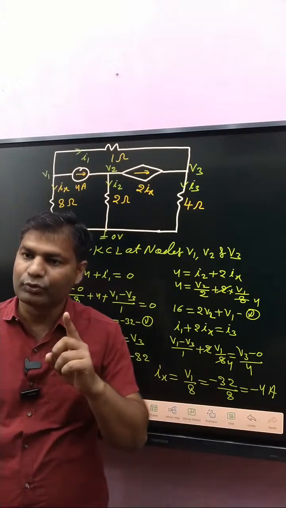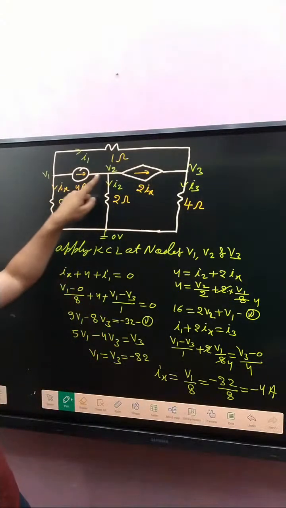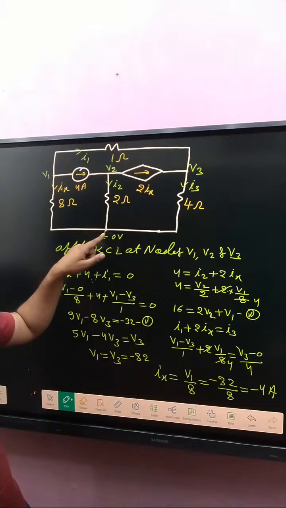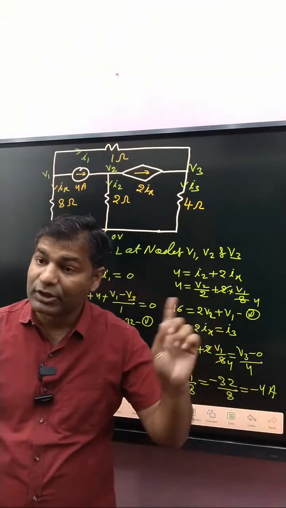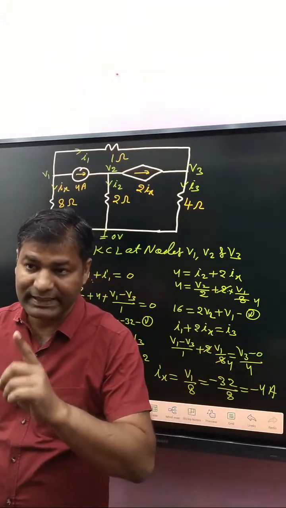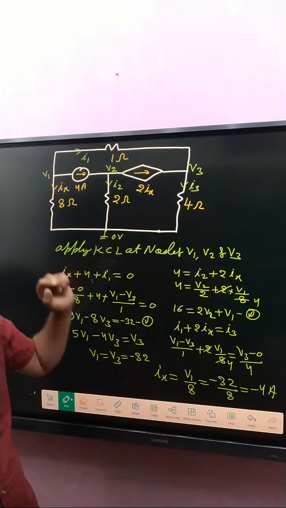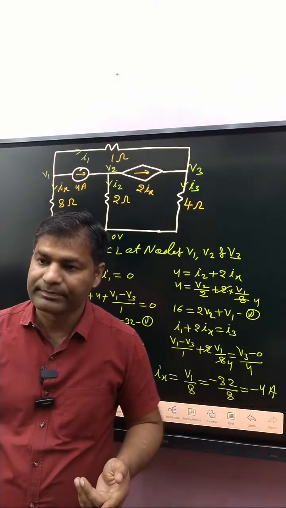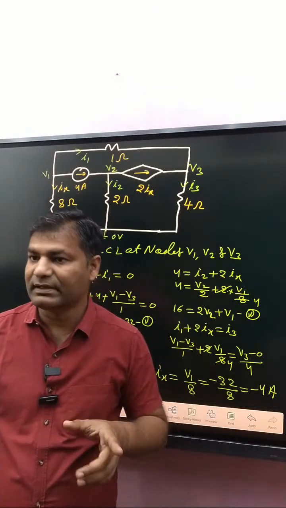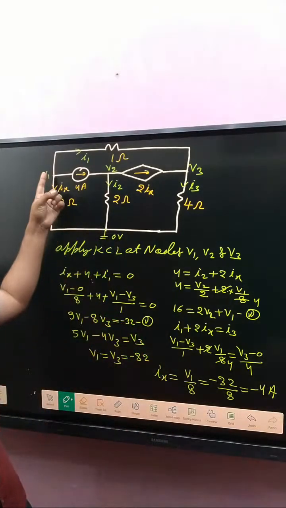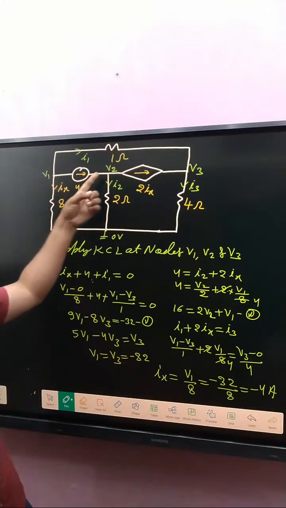Next step, node voltages V1, V2, V3 and V4. Next step, take one node as a datum node. We have considered that one as the datum node, which is 0 voltage. Fourth step, apply KCL at given nodes. If required, apply KCL here, here, here.